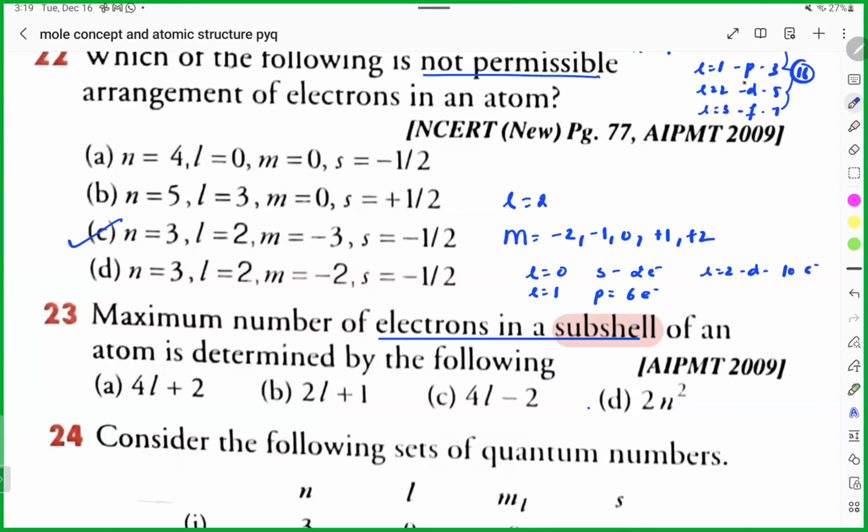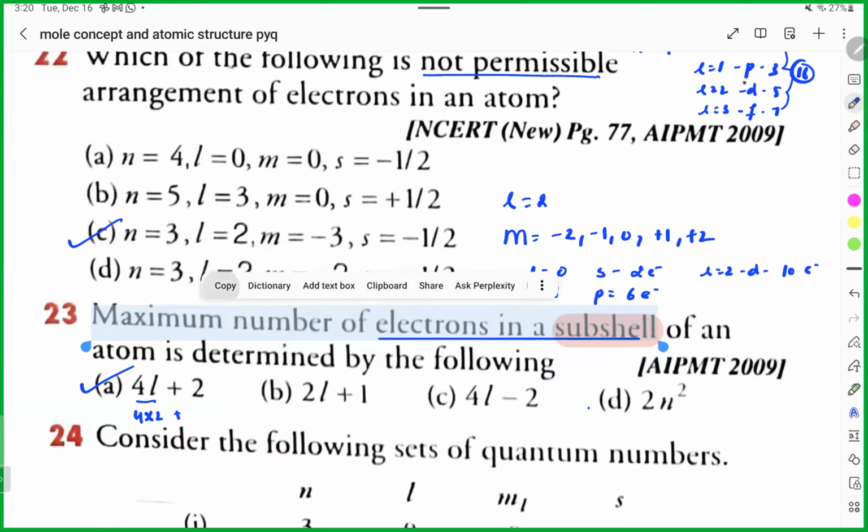So can you say 4l plus 2? So here you can write the maximum number of electrons in a subshell. Copy.